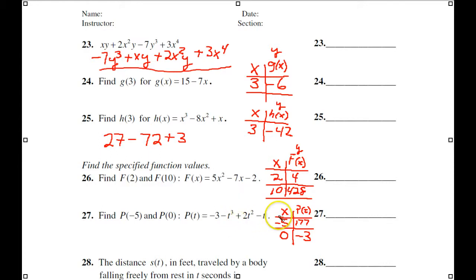So here again, our x in the first case will be, or in this case a t I should say, is a -5. In the second case it's a 0. And here we get, with a -5 substitution, 177. With a 0 substitution, we can almost do that. This is 0, this is 0, this is 0. It's going to be a -3.